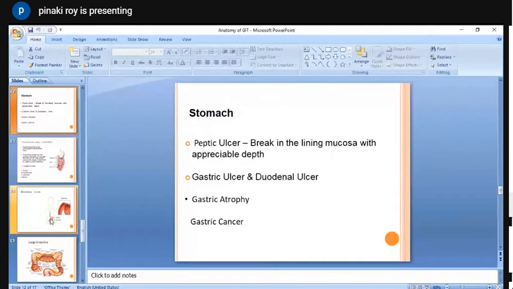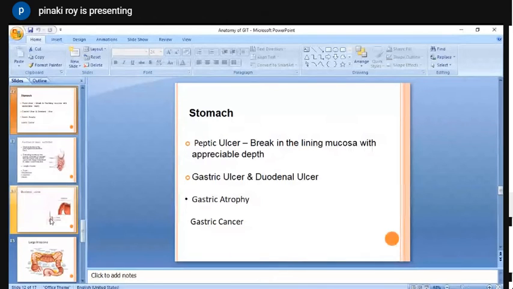But if there is any break in this barrier, maybe due to reduced mucus production, or reduced prostaglandin production, or increased acid production, or H. pylori infection, all those things ultimately lead to ulcer formation.